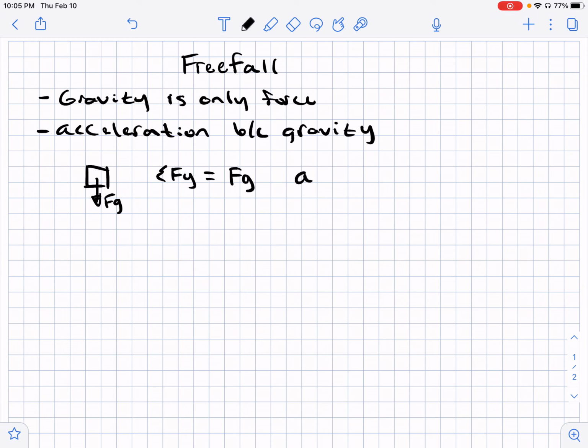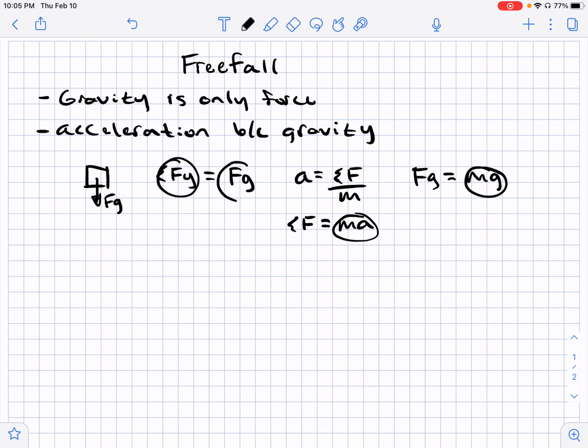Now let's do some substitutions that we learned last semester. Newton's second law says acceleration is the net force divided by the mass. We could rewrite that for net force, and that's equal to mass times acceleration, so we could substitute this for our net force. We also learned last semester how to calculate the weight of an object in newtons, and it's just m times g. So we could also substitute that in for the weight.